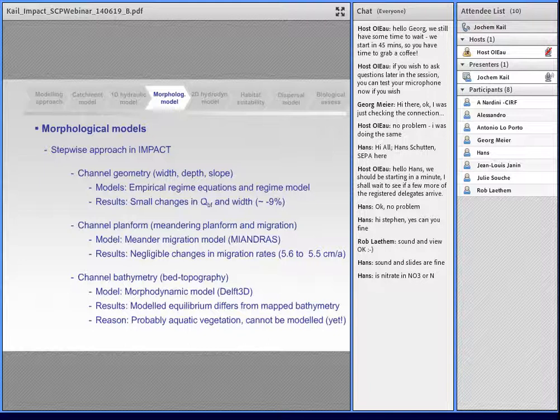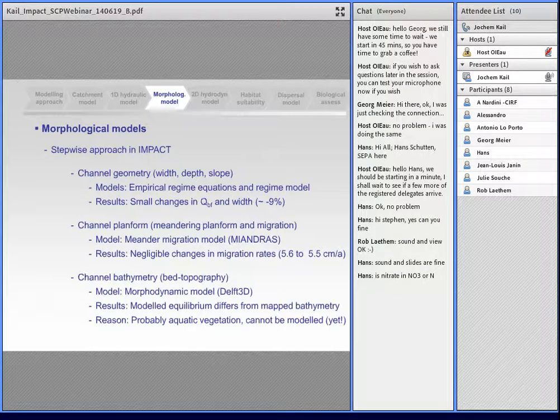So we used a stepwise approach in IMPACT, and we started looking at the channel geometry using rather simple but well-established empirical models and regime models. For the Träne case study, we found that there will be a very small change in the bankfull discharge, which is connected to a very small change in the channel geometry.